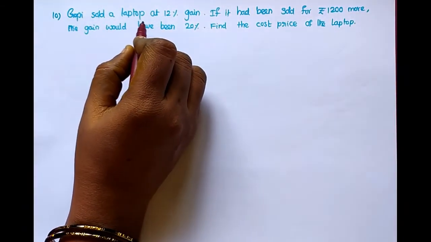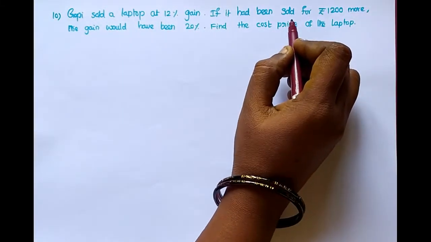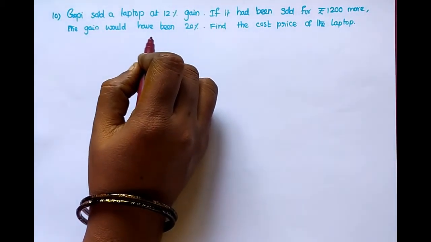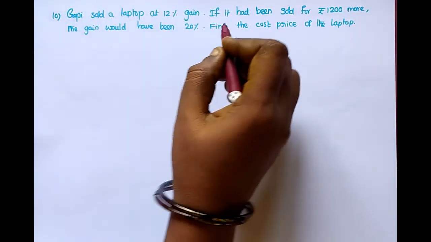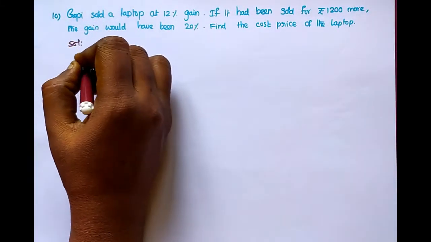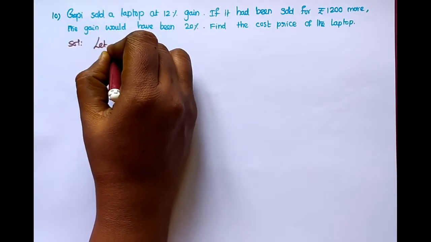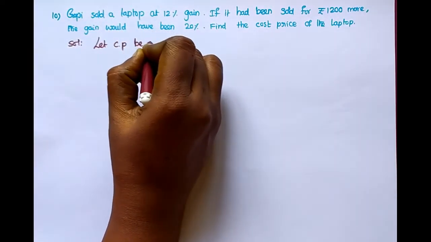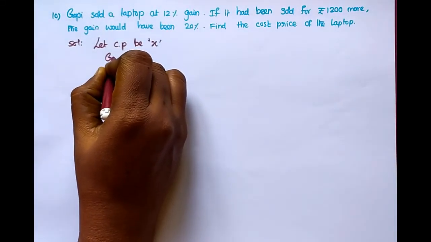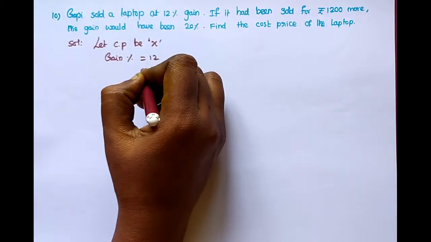10th sum. Gopi sold a laptop at 12% gain. If it had been sold for 1200 more, the gain would have been 20%. Find the cost price of the laptop. Listen, we don't know the cost price, so let the cost price be x and gain percentage equal to 12.